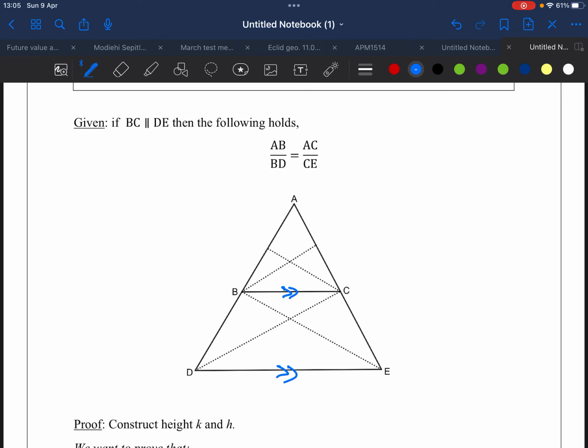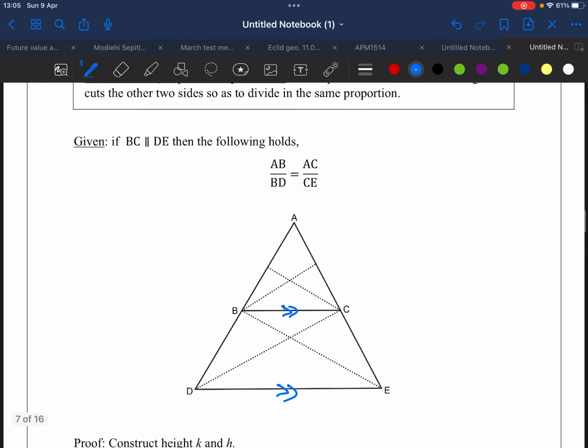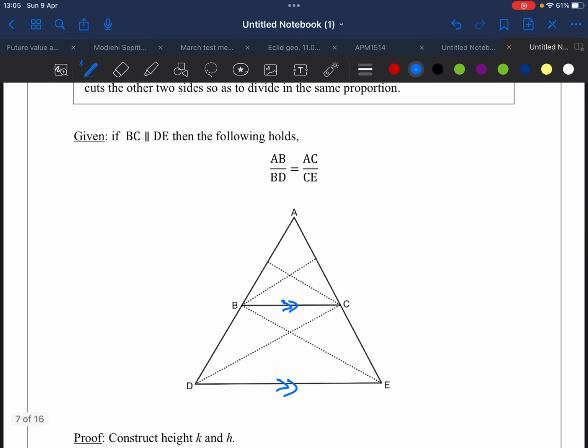That's our definition, that's what we have encountered previously. So now, if BC is parallel to DE, then we have a right to say that AB over BD is equal to AC over CE. Alright?